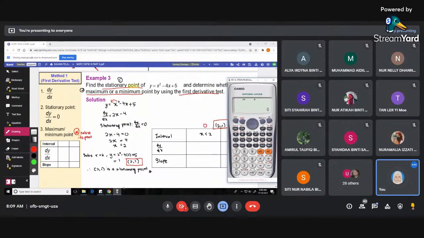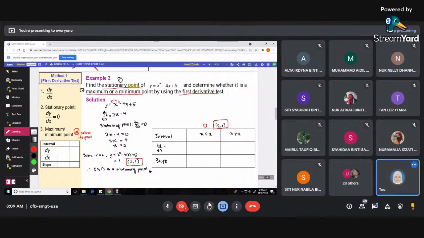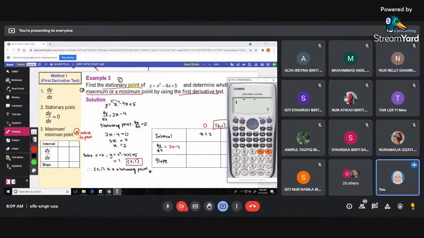I substitute 0 into dy/dx, which is equal to 2x minus 4. Substitute 0 in dy/dx. What's the value? Oh, kalkulator saya tak berfungsi lah. Tolong kira, 2 darab kosong tolak 4. What's the value?